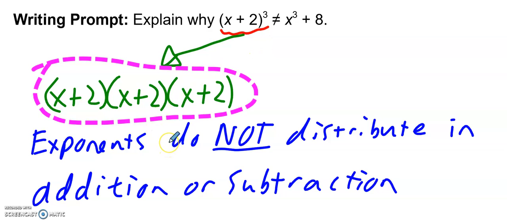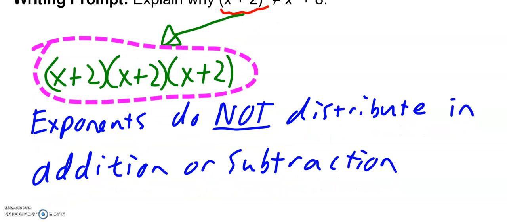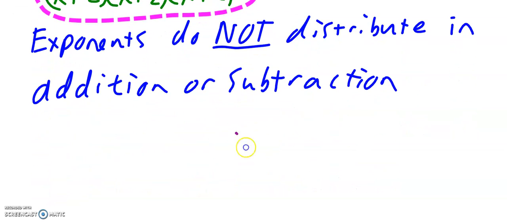The other reason is properties of exponents. Exponents do not distribute when we have addition or subtraction. What I'm talking about here is this. So I have x plus 2 raised to the third, so this does not distribute because of this addition. To give you a counterexample, if we had 2x to the third, now what's the operation? The operation between the 2 and the x is multiplication.